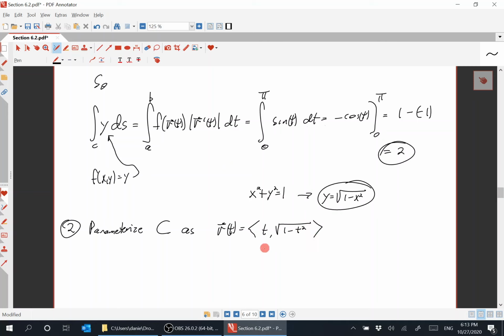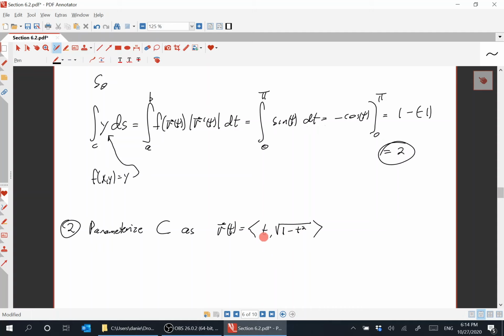Right, so that's the circle. x squared is t squared, plus y squared, 1 minus t squared, equals 1. Right, that's just the circle. t, f of t. And what is the range for t that we're using here?